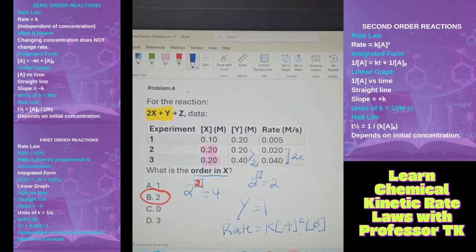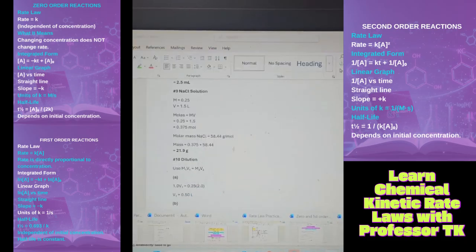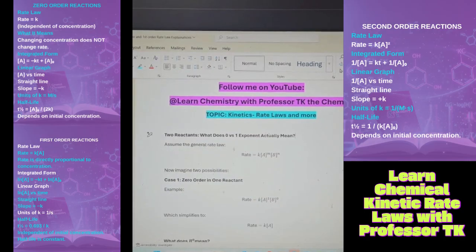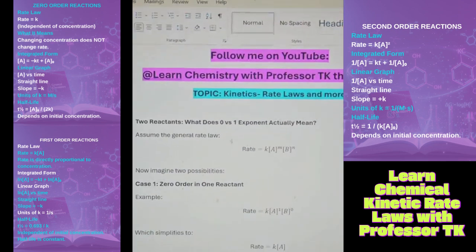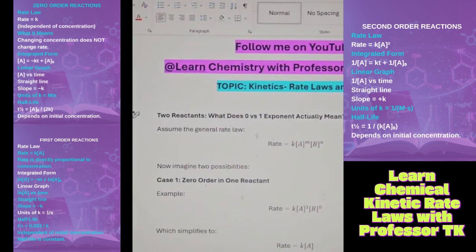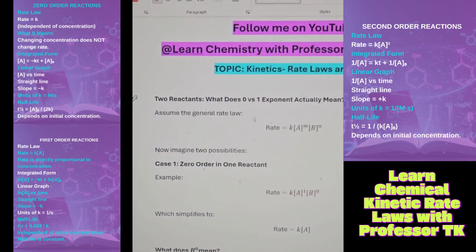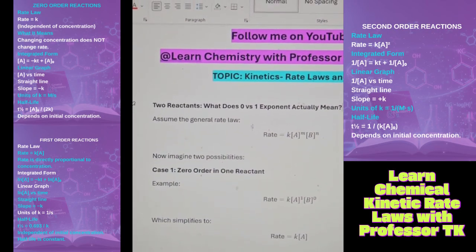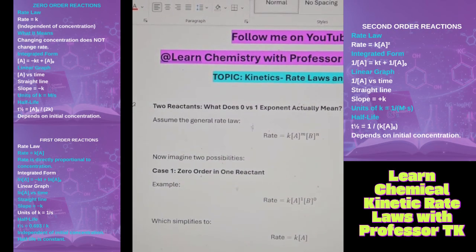dive over here to explain what that represents. So here are my notes. When you have, like I said before, zero order, a zero order is typically when you have just one reactant anyway. But also, if you have two reactants, one of them could actually be zero order.